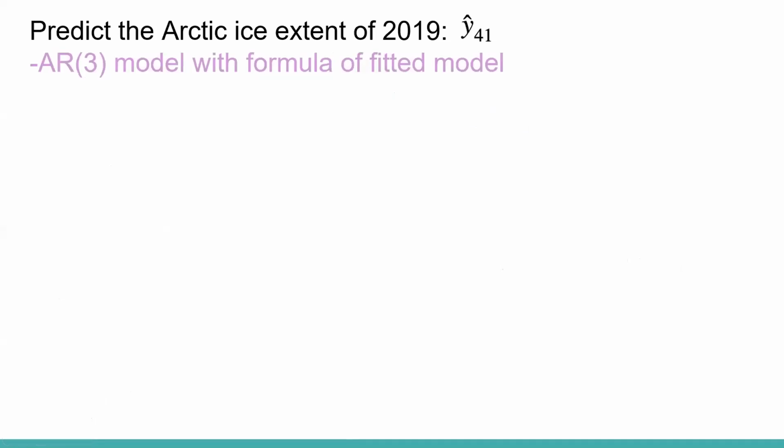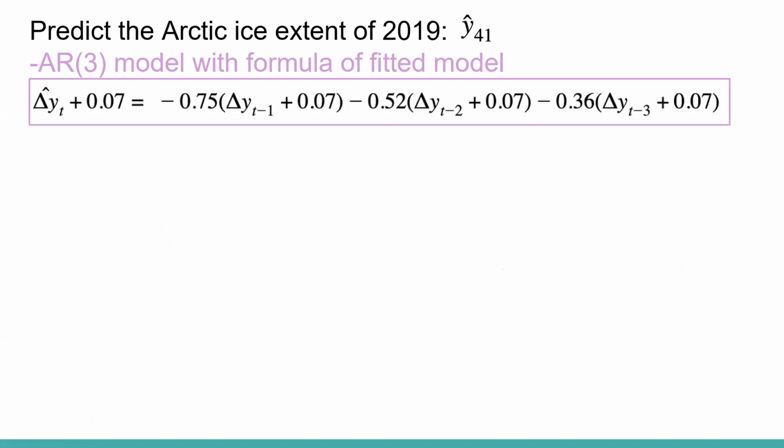If you want to use the AR of order 3, because we know that the three models are fine, but only that one is the best. But if you also want to use this one, the AR of order 3, this is the model. You know how to write that. Because we have differenced, we actually need to put all this in.